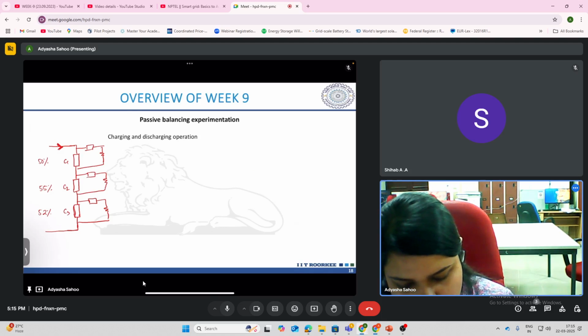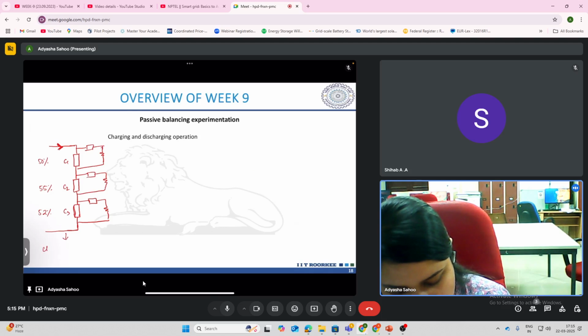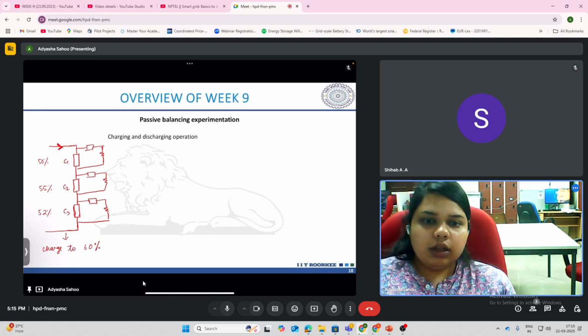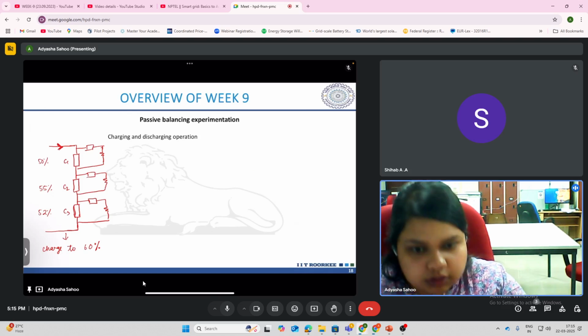Now, if you want to charge this pack to 60%, then which cell will first reach 60% SOC?